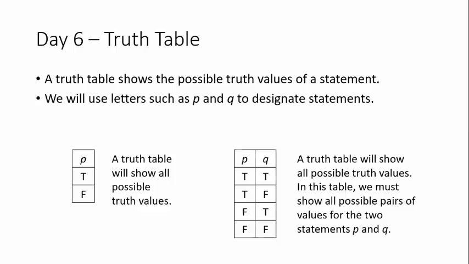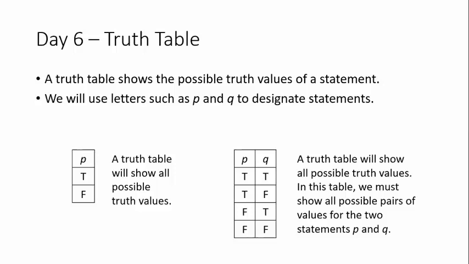When we have a pair of statements such as P and Q here, we have to show all possible truth values that the pair can have. The pair can be such that both statements are true, or perhaps P is true and Q is false, P could be false and Q true, or it could be that both statements are false. So you have to have all possible combinations.